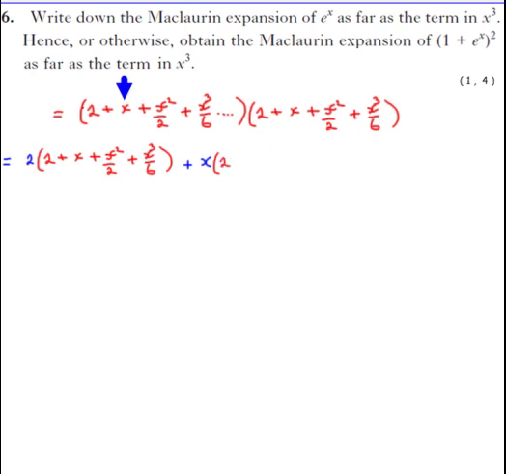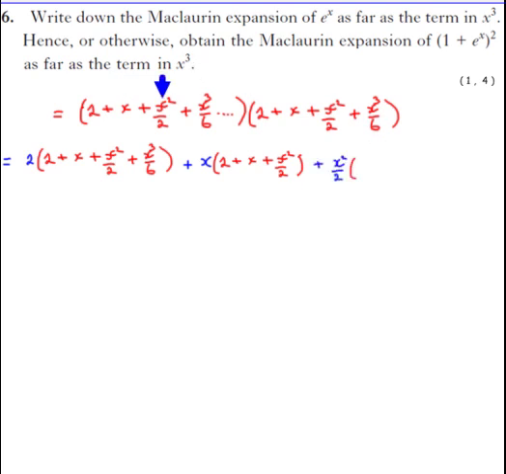So that's x times 2 plus x plus x squared over 2. Then moving on to the next term in the first bracket, the x squared over 2, we will multiply that only by the first 2 terms in the second bracket. Again, because if we go any further, we'll have powers higher than x cubed.